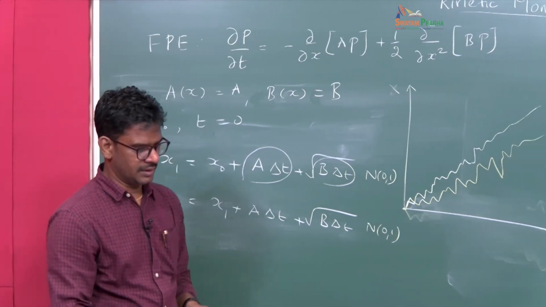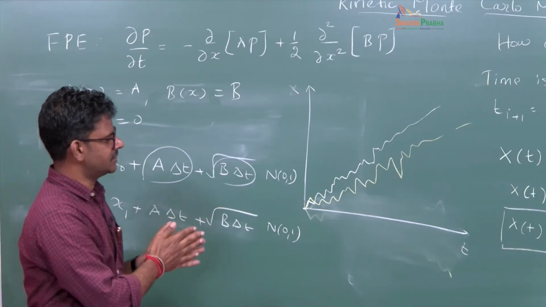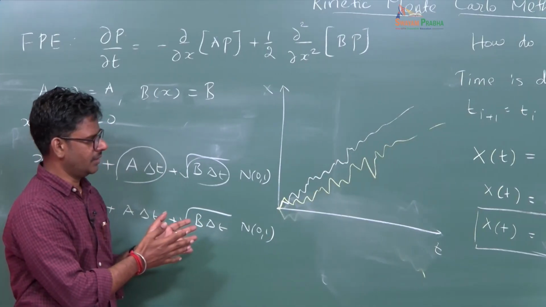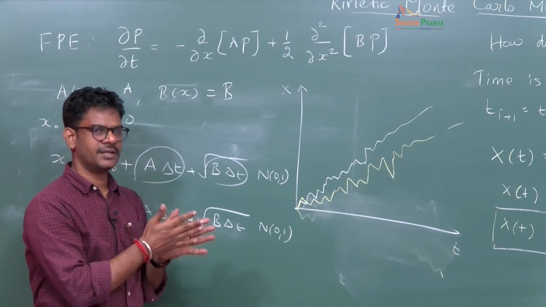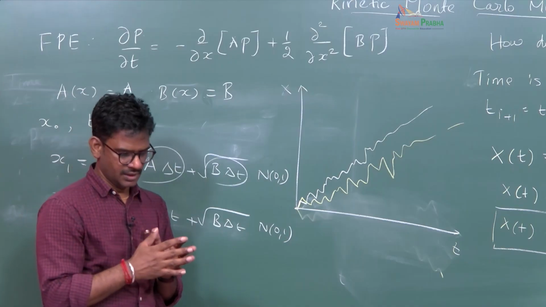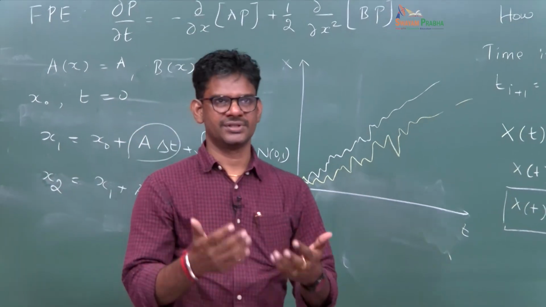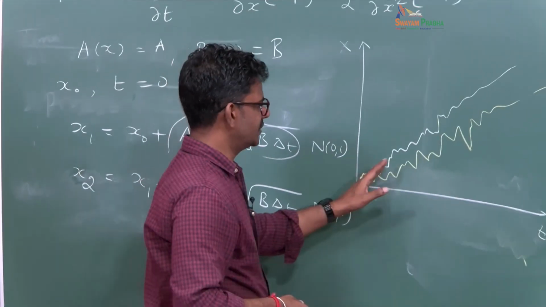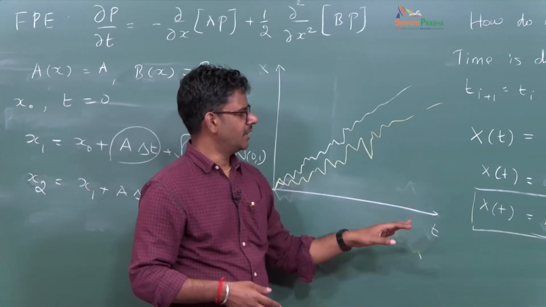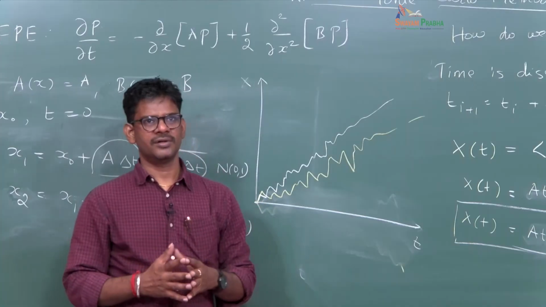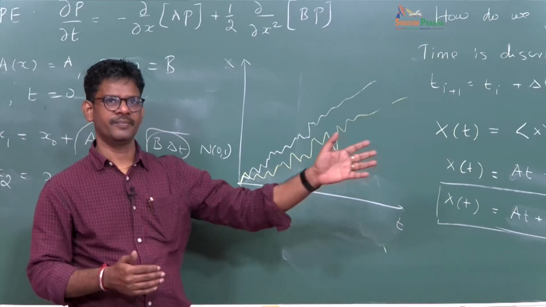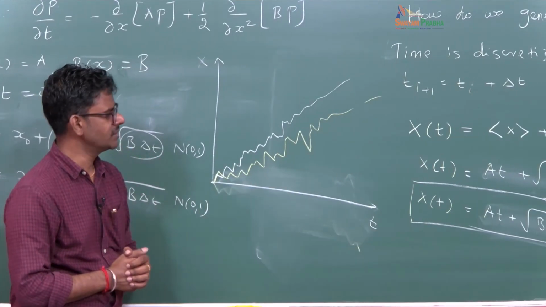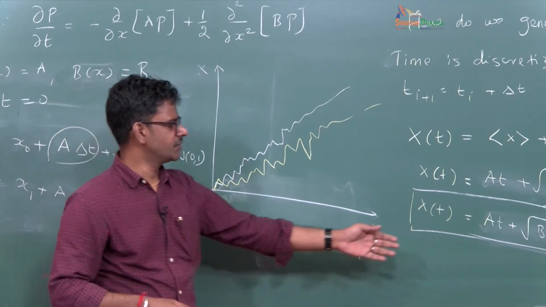So what I have shown here is how to numerically generate the realization of the stochastic system as a function of time, and that's what we call a trajectory or sample path. And we call this a kinetic Monte Carlo. Kinetic because it evolves in time, and Monte Carlo because we make use of random numbers.